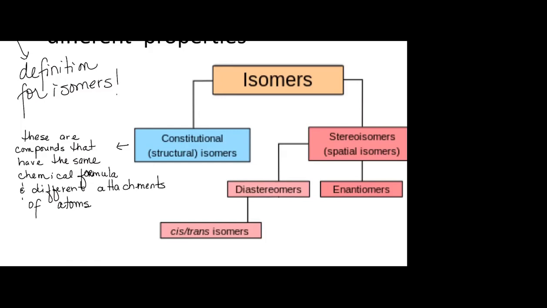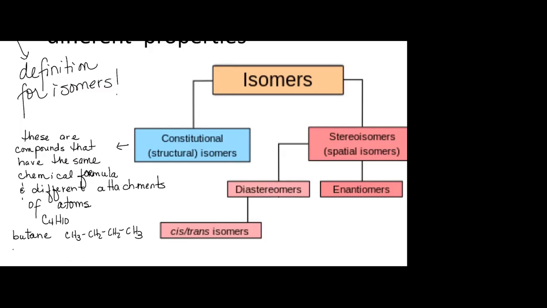So before class, I was giving you guys the example, if you have C4H10, you can actually say that butane, which is CH3, CH2, CH2, CH3, has the chemical formula C4H10.